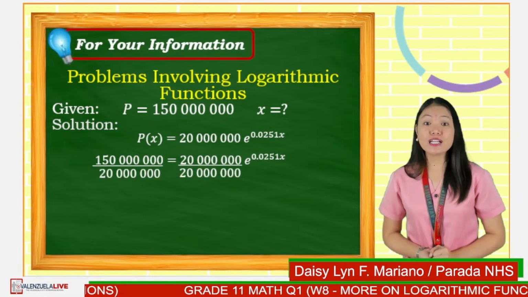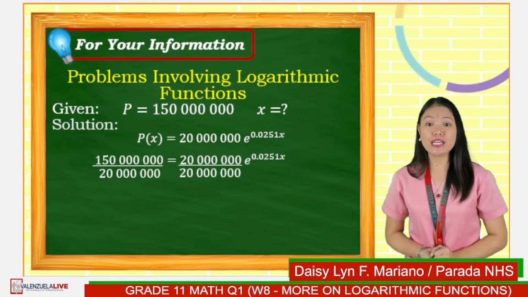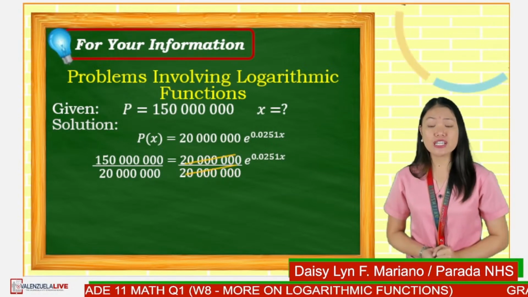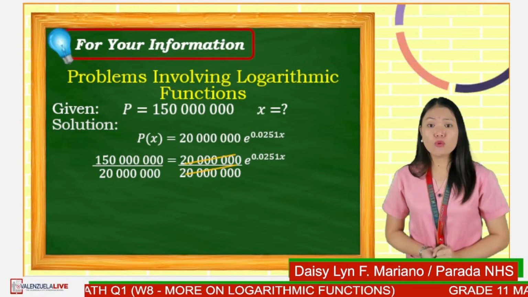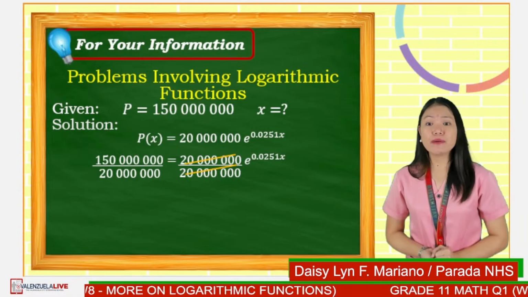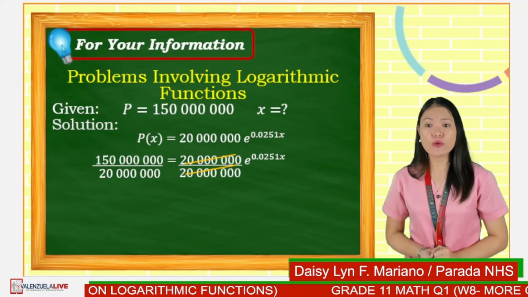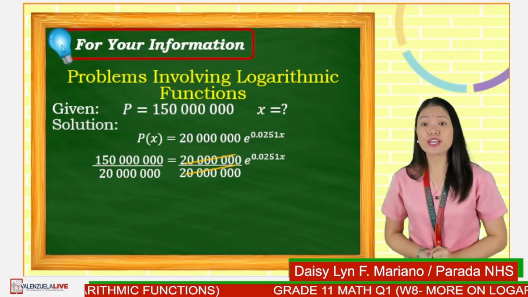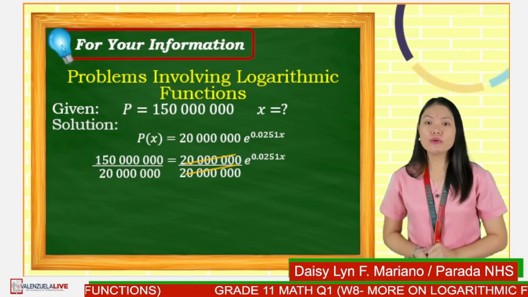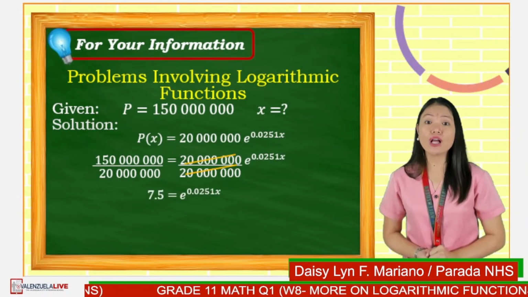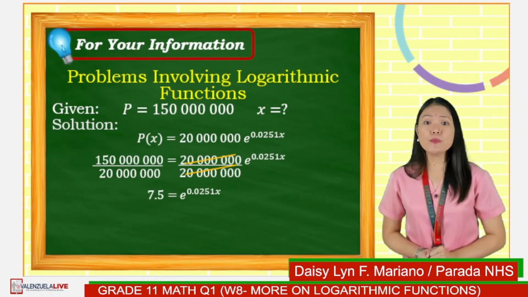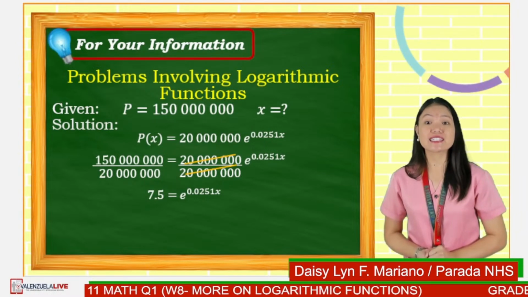The 20 million in the numerator and denominator in the right side of the equation is equal to 1, while 150 million divided by 20 million in the left side of the equation is equal to 7.5. So, we will have 7.5 is equal to e raised to 0.0251x.